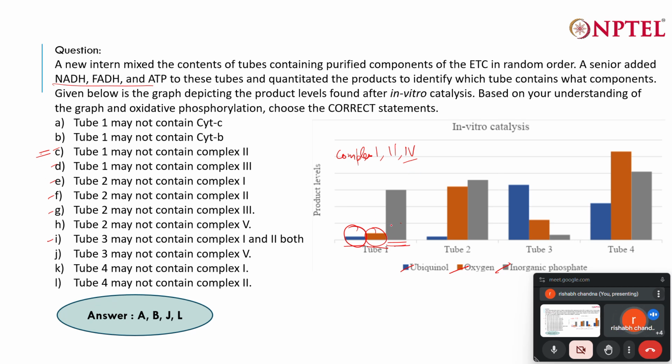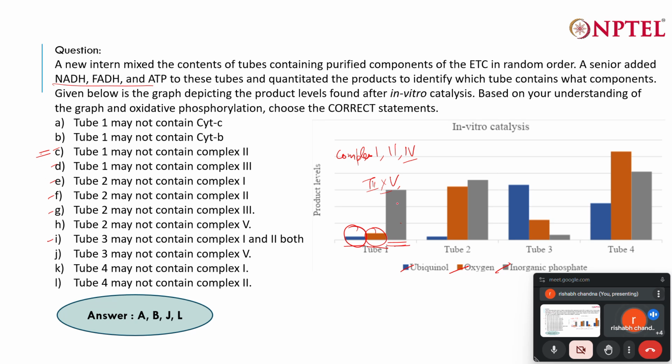Because in complex 5 the ATP synthase is present, inorganic phosphate would be utilized if complex 5 were present, but that is not the case. So 5 and 3 will not be present here.